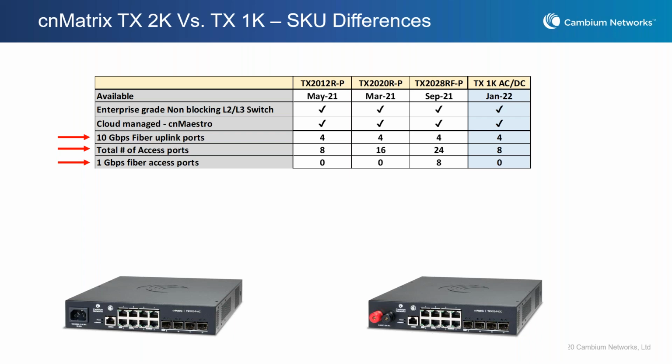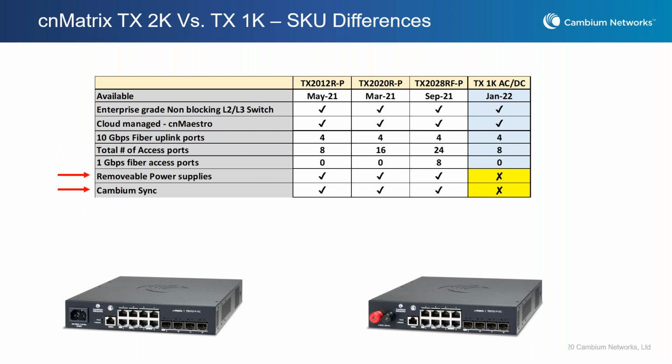We have 8-port versions, 16-port versions, and 24-port versions. The TX1K comes in an 8-port version only. Want to point that out. And what's unique on the TX2028, it's kind of a cool configuration, is that we have the 4 10 gig fiber uplinks, check, but we also have 8 1 gig fiber uplinks on that switch as well.